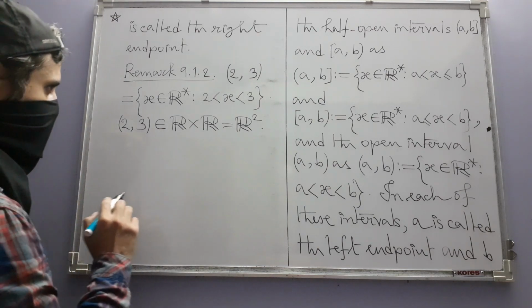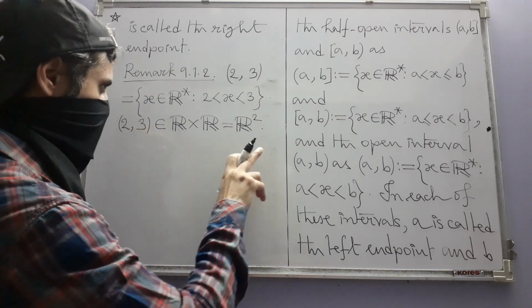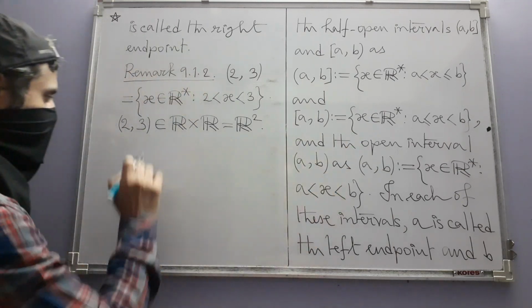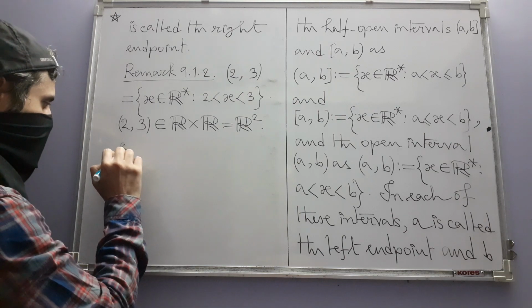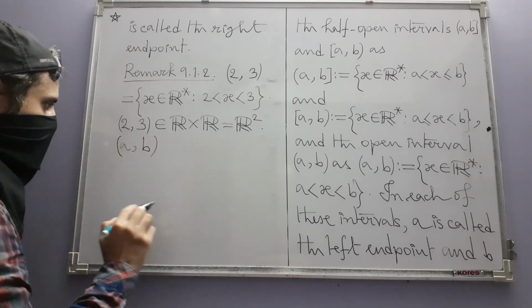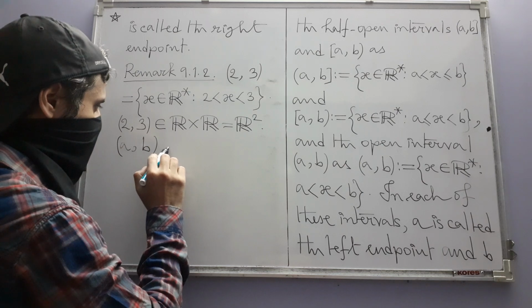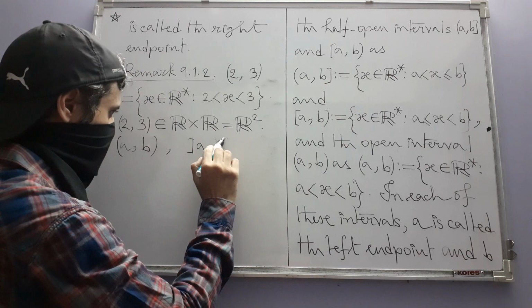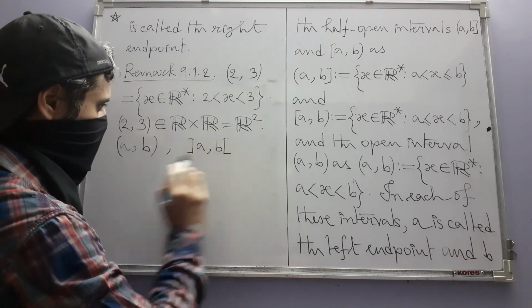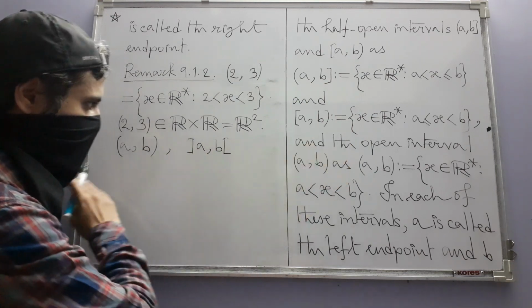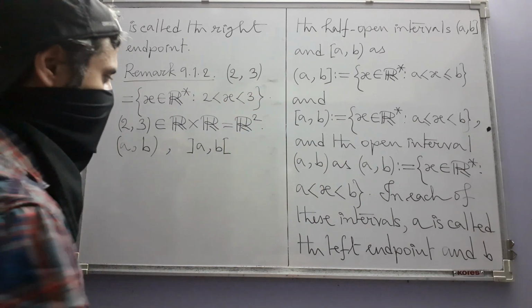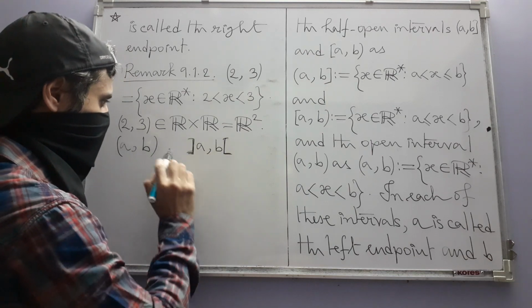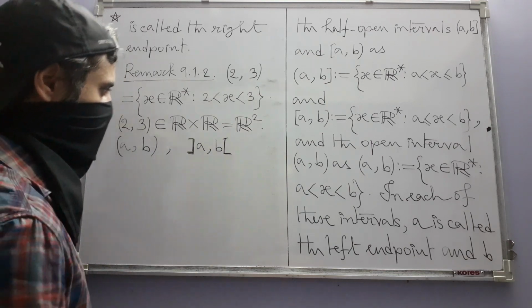To avoid this confusion, some authors use a different way of writing this. In place of this, some authors write this alternate notation. That is, the square brackets are made to face outwards. This usage, however, is somewhat old, and I don't think many authors would use this.